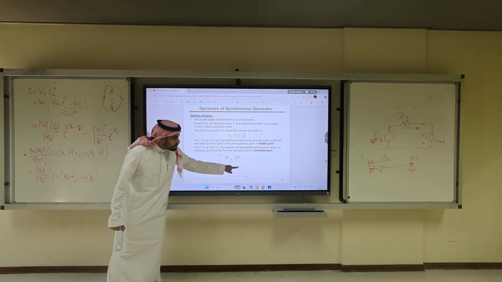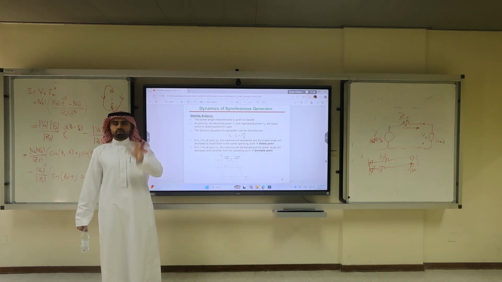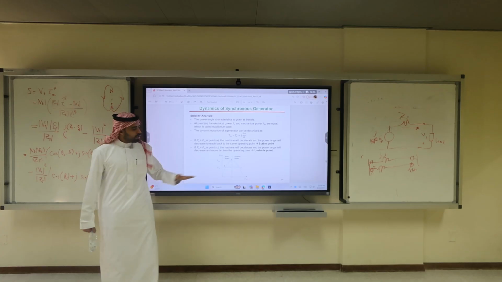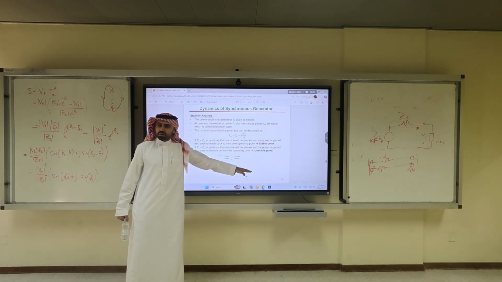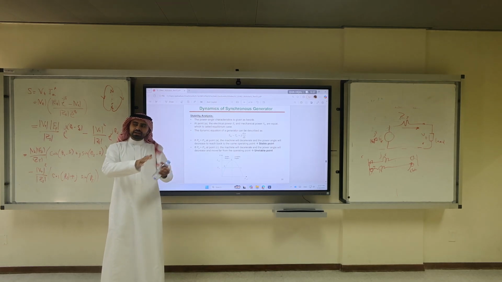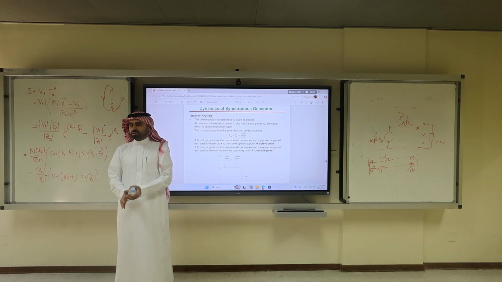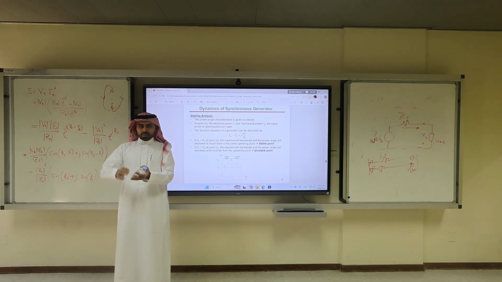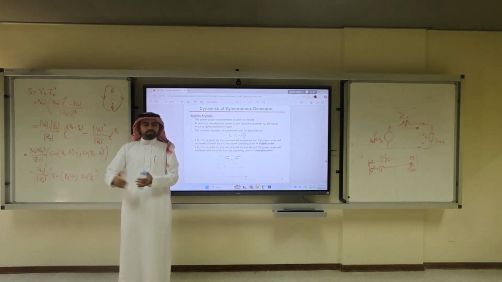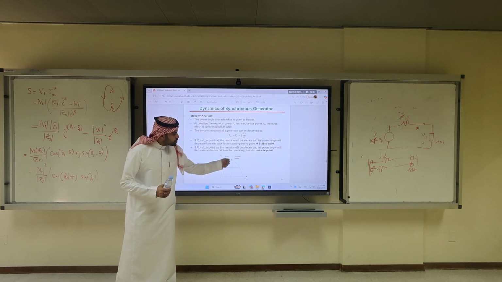That line is the mechanical power. This is what the diesel prime mover is told to generate. Constant. So the synchronous generator is driven by, let's say, an internal combustion engine, diesel, fuel, gas. It has a constant power, which crosses the electrical power, the electrical generator power, through points A and C.